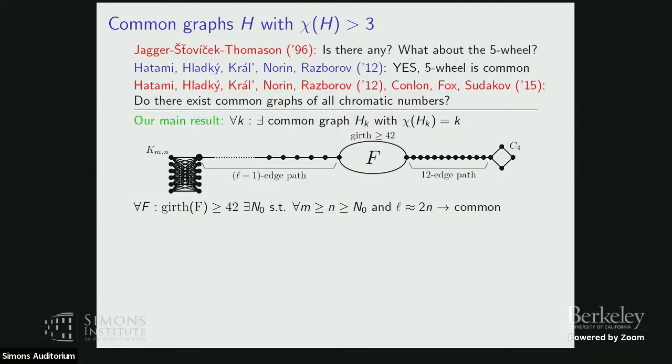And the statement is that just based on this graph F, there is some N0, and if the parameters M, N, and L play some delicate game with respect to this F, this construction gives you a common graph.